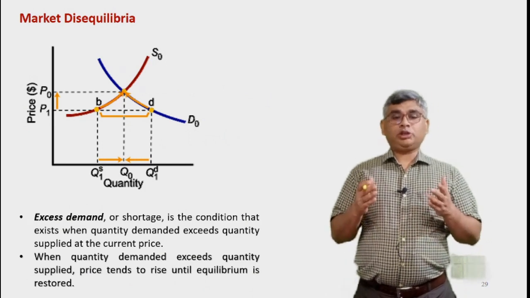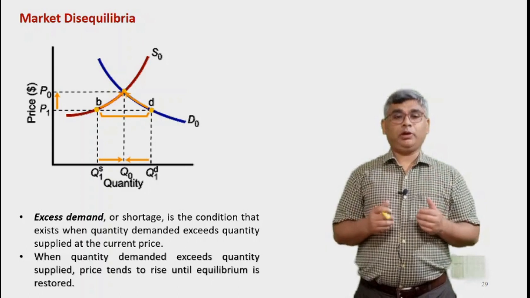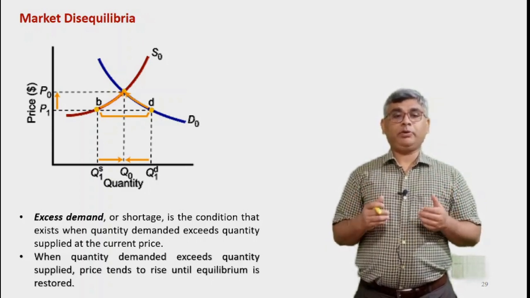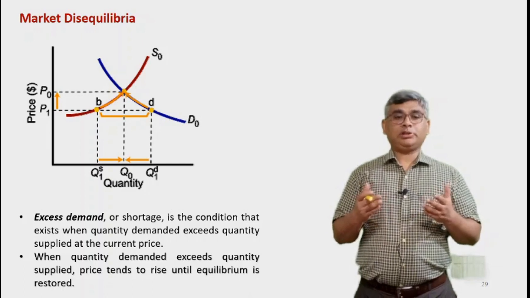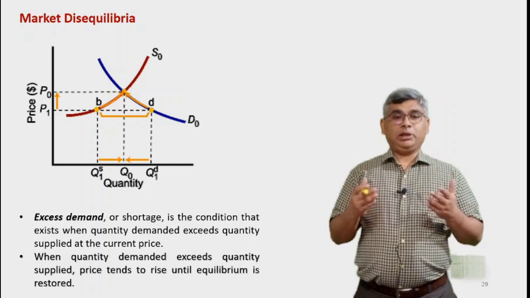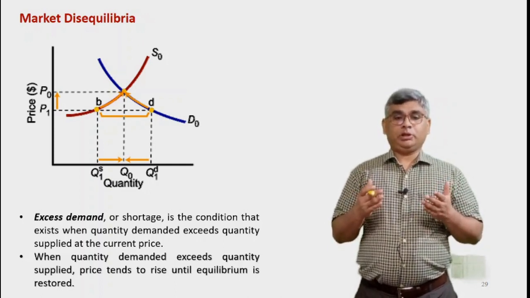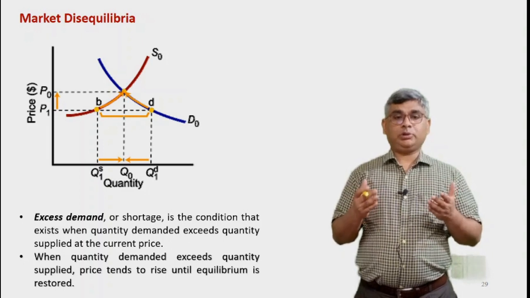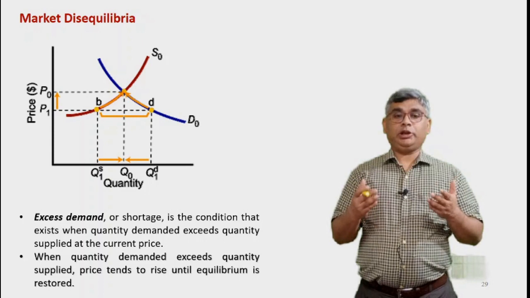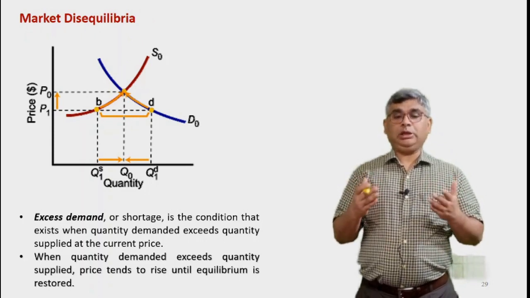To understand the concept, let us look at this figure. We have a supply curve and a demand curve, and the point of intersection is the equilibrium point. For the time being, let us say that on the demand curve, the point D denotes the actual demand for a product corresponding to Q1D.